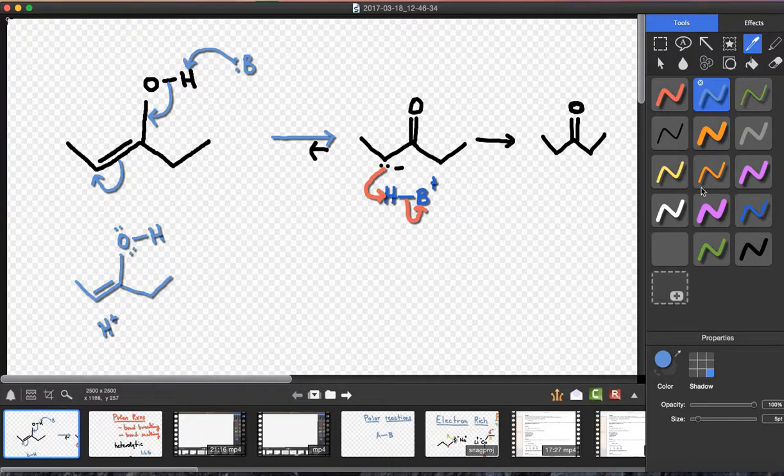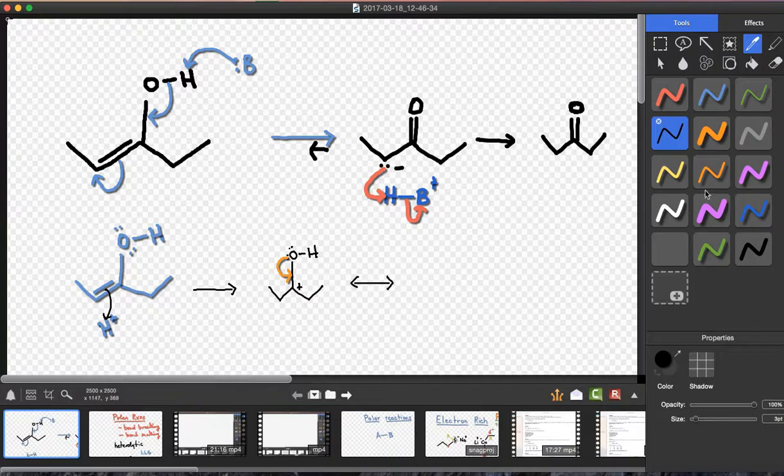In the acid catalyzed form, the pi bond will protonate, which leads us to a resonance stabilized carbocation. Again, this is just resonance.